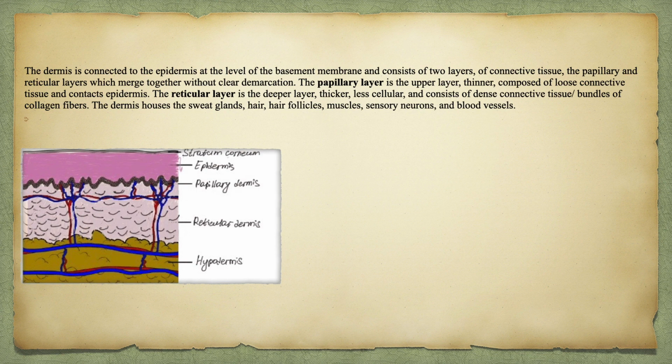The reticular layer is a deeper layer, thicker and less cellular, and consists of dense connective tissue. The dermis houses the sweat glands, hair follicles, muscles, sensory neurons, and blood vessels.